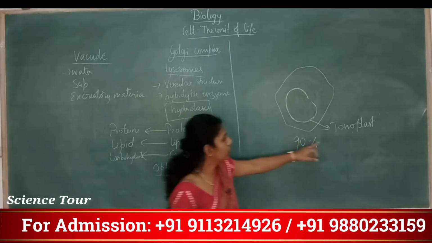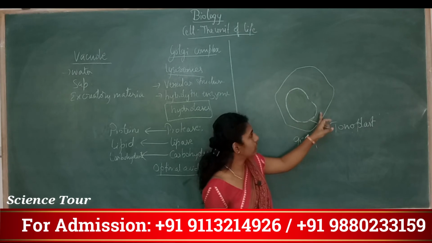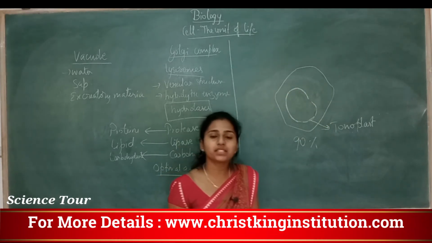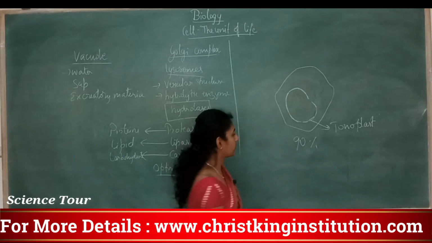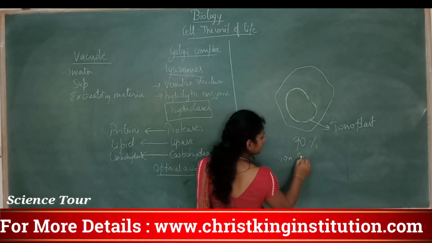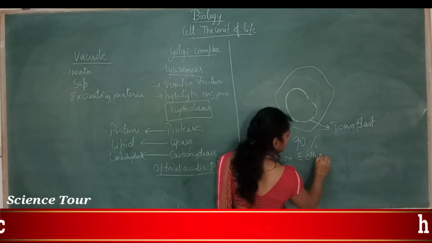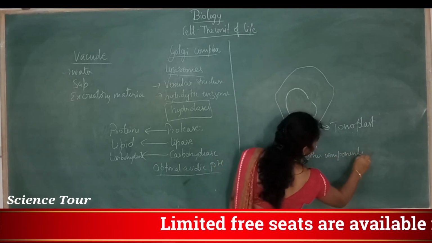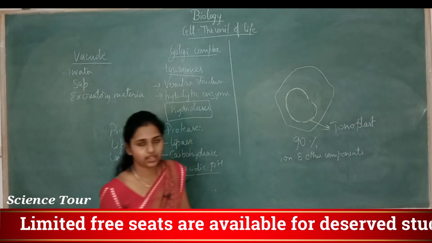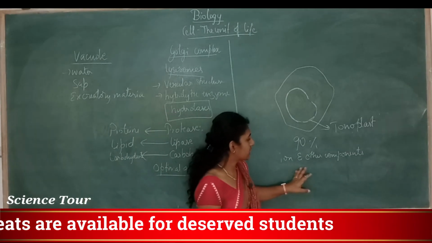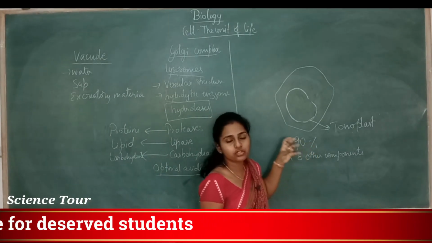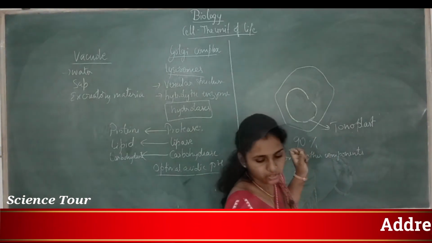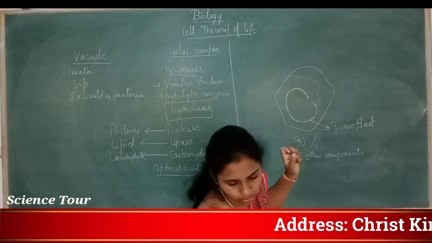The tonoplast, the outer membrane of the vacuole, facilitates the movement or transport of ions and other components in and out of the cell, against the concentration gradient into the vacuole.